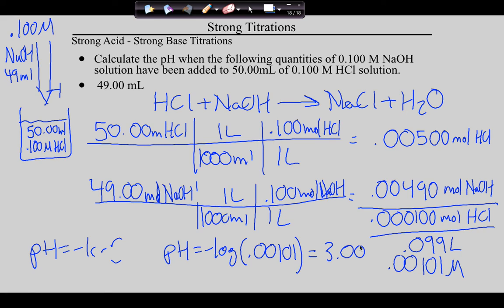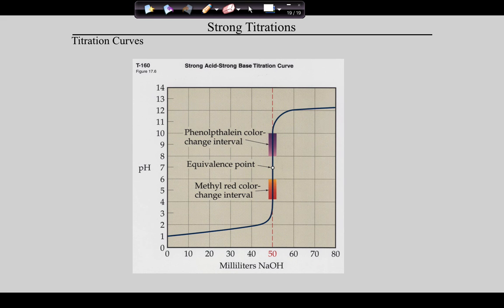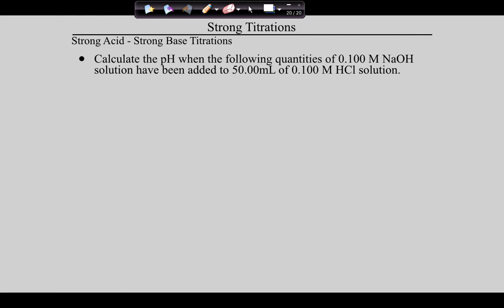Is that okay? So guys, with that, let me now share this with you. 49 milliliters puts us at about pH 3. So now the question becomes this. What if we change the game and now let's do the same calculation for 50 milliliters of base?